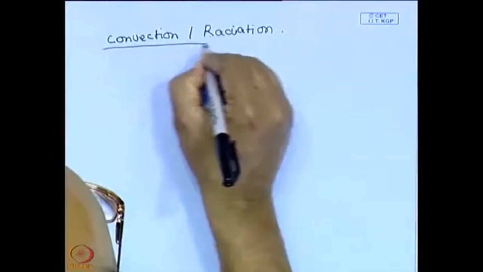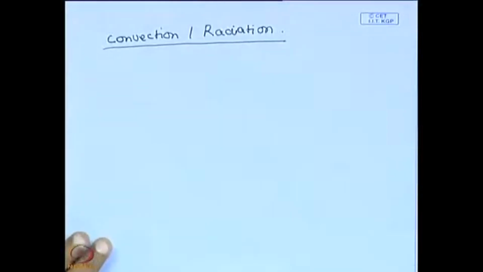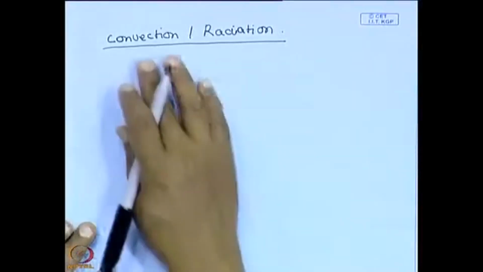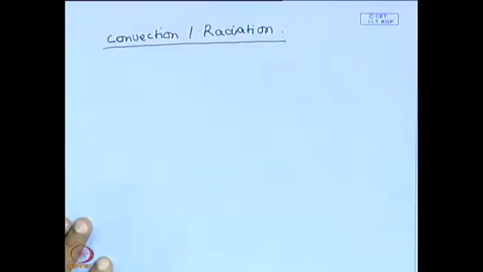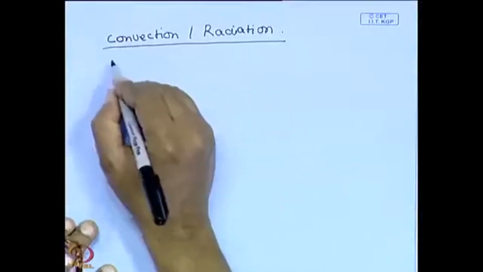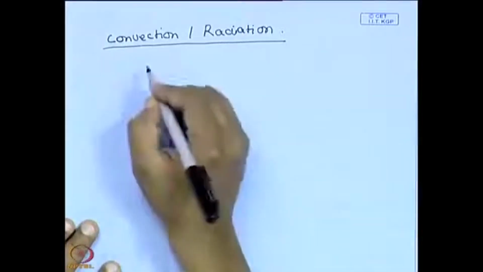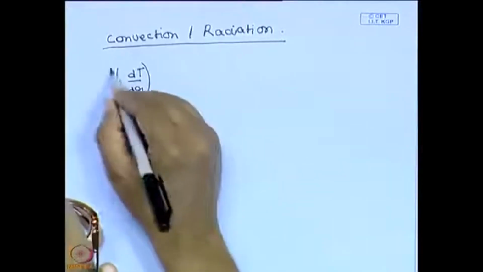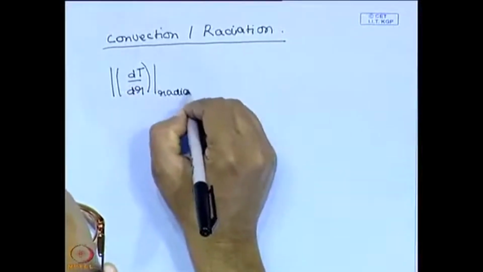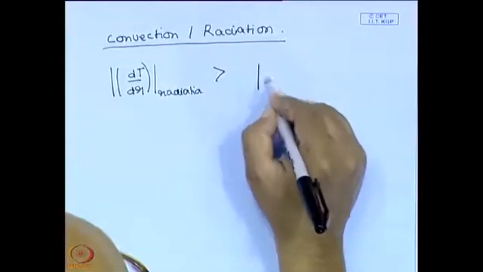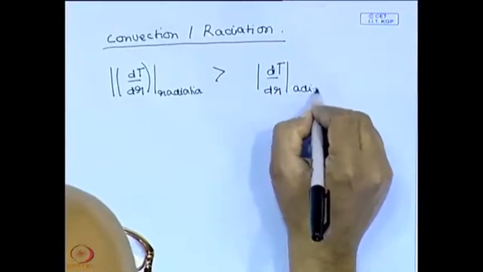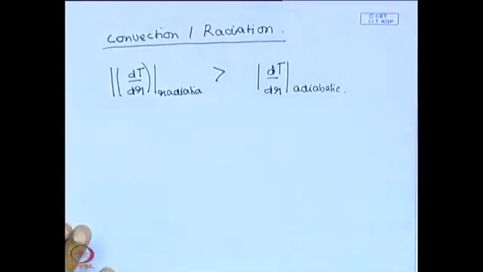Again, we have discussed this, and I have told you that the criterion for deciding which of these will occur is that if we have radiative transport, and if the radiative temperature gradient exceeds the adiabatic temperature gradient, then we have convection, and convection is a very efficient means of transporting energy.